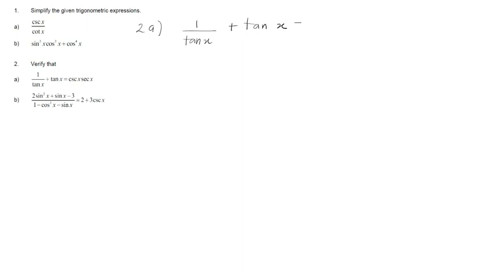So 1 over tangent x is equal to cos x over sin x, plus tangent x is equal to sin x divided by cos x.